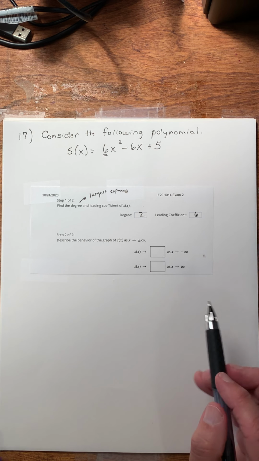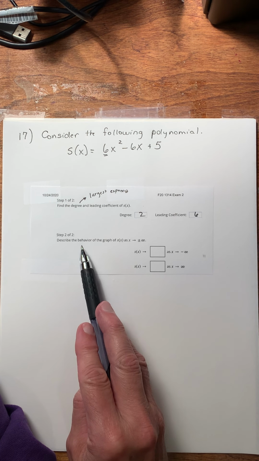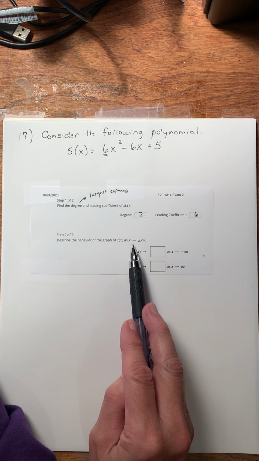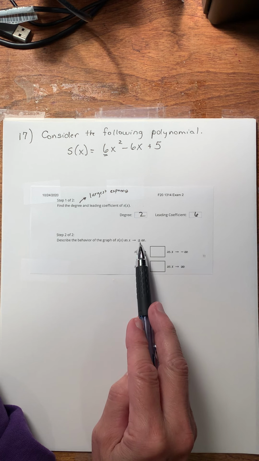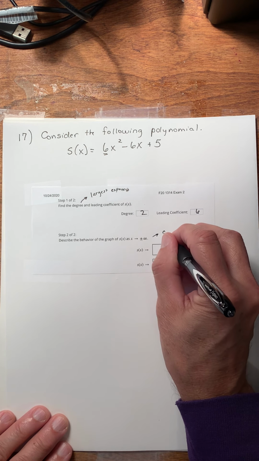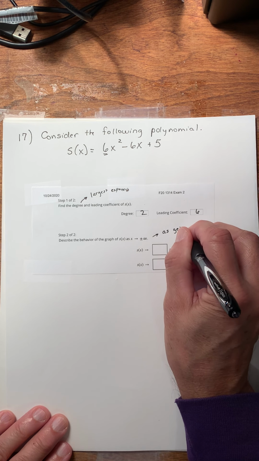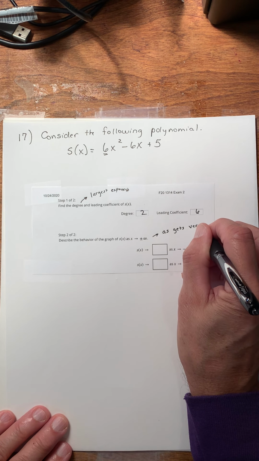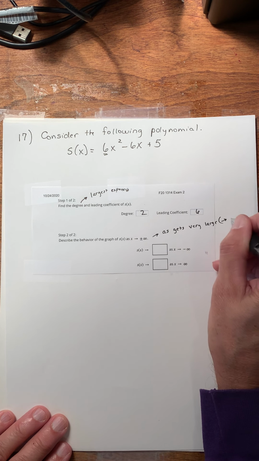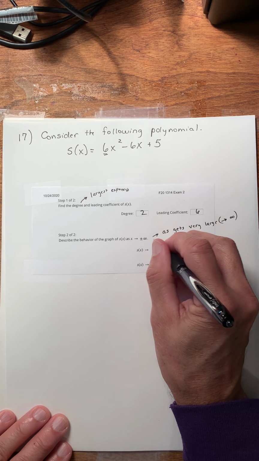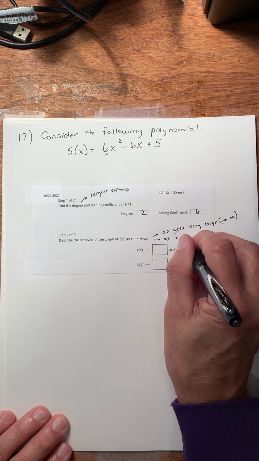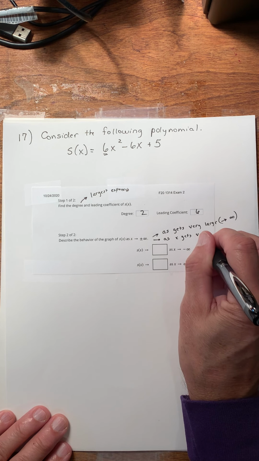Now, this says describe the behavior of the graph as x approaches both positive and negative infinity. What that means is as x gets very large, that's approaching infinity, or as x gets very small.